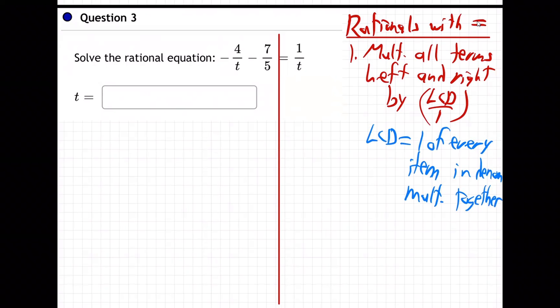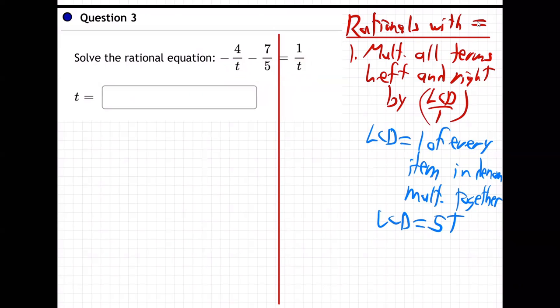So I'm going to look at all the denominators. I'm going to take one of everything. So I'm going to take 1 t, 1 5, and that's all. I'm not going to take the other t. Just one of everything, right? So the LCD then is simply 5t. One of everything.